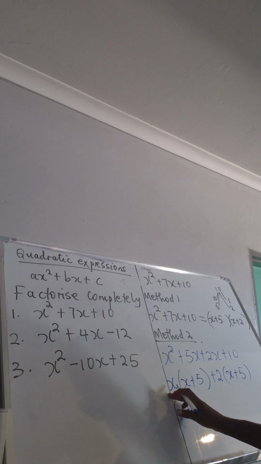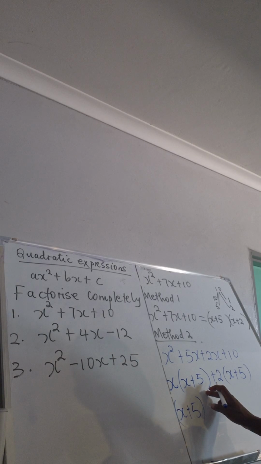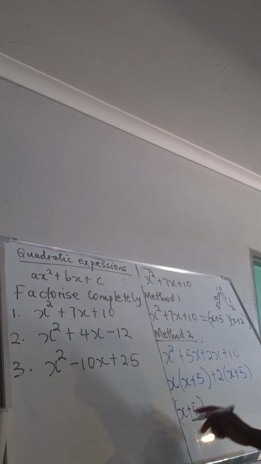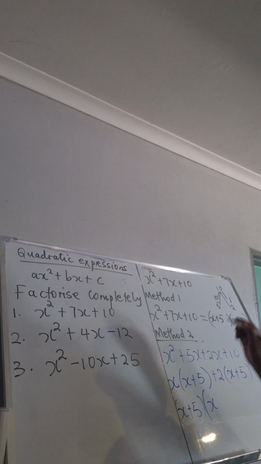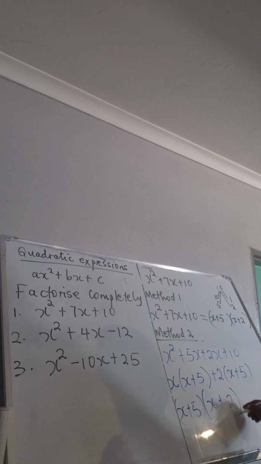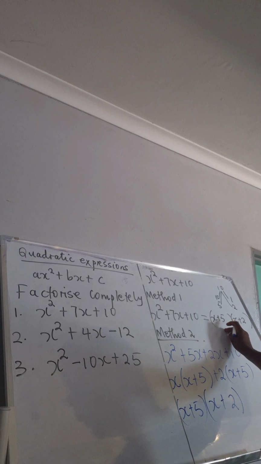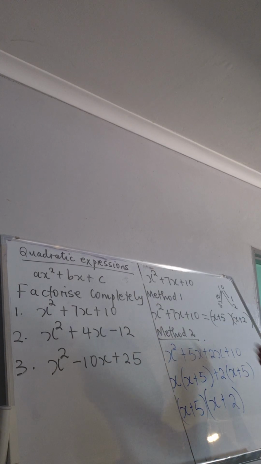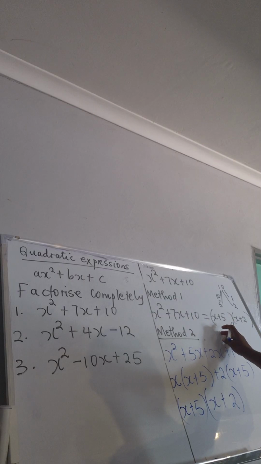Now when you divide x bracket x plus 5 by x plus 5, that means x plus 5 is going to cancel, and you are left with x. Then x plus 5 will cancel here, and you are left with 2. That is your answer. So this answer and this one are the same. You can either use this one or the straightforward one.